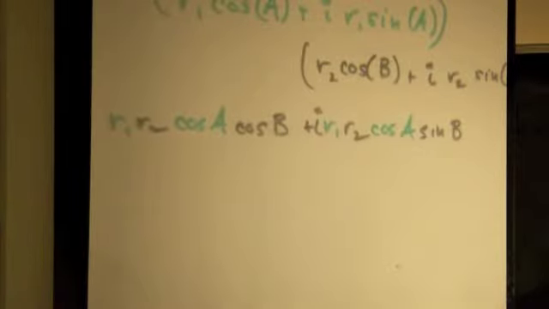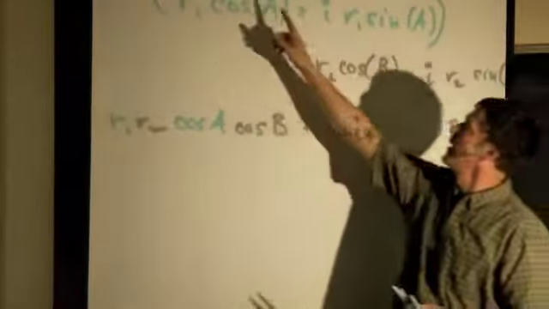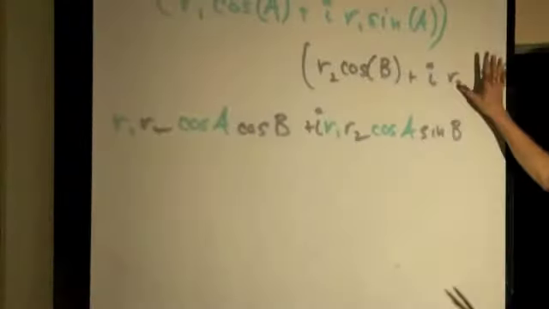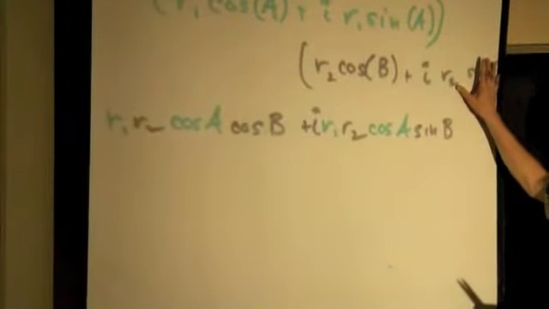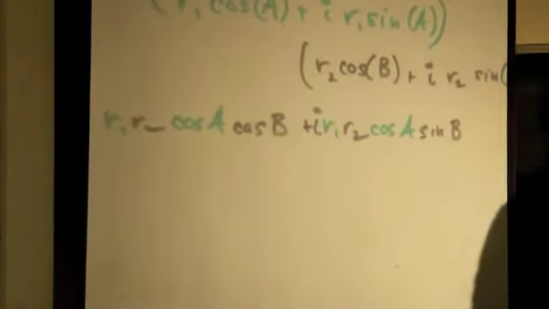So this is the first times the first, and the first times the second. Okay, and now I'm going to do the second times the first and the second times the second.